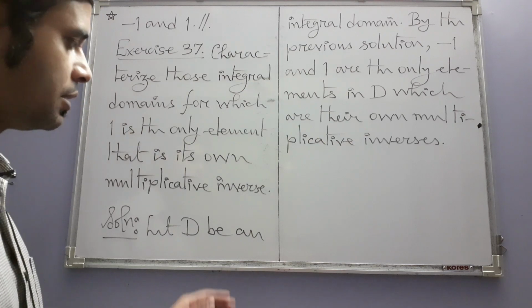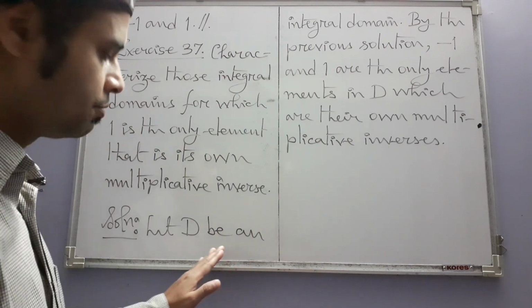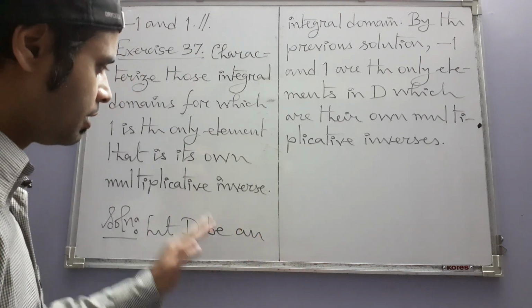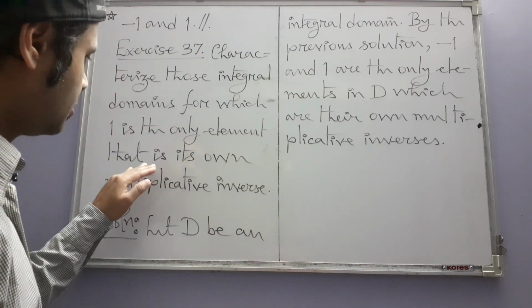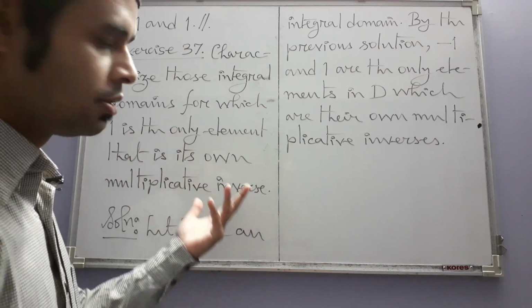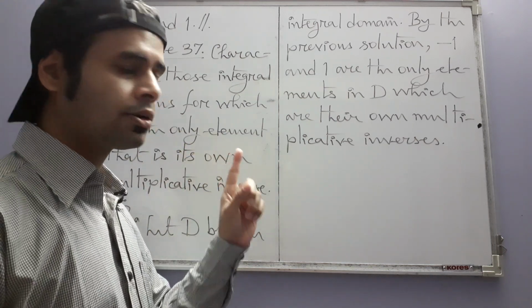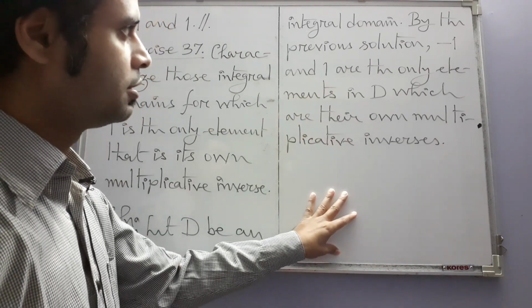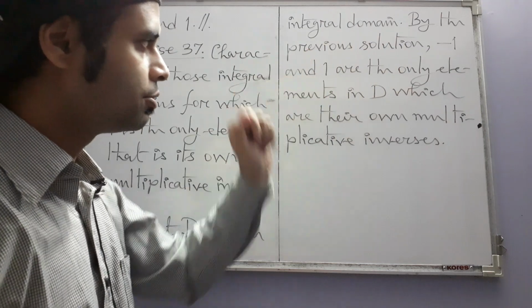This is something which in general is true in D without imposing any further restrictions on D. But now if we want D to be an integral domain in which 1 is the only element which is its own multiplicative inverse, then definitely -1 should be equal to 1.